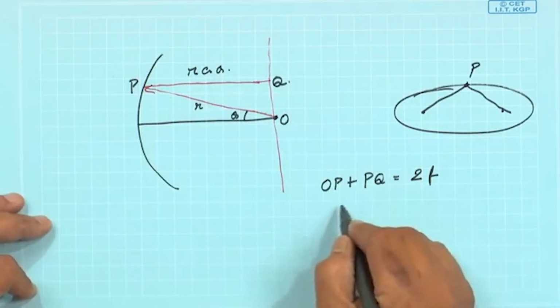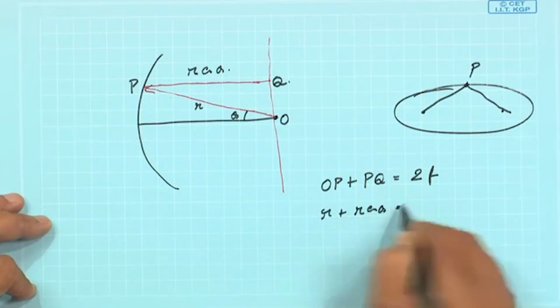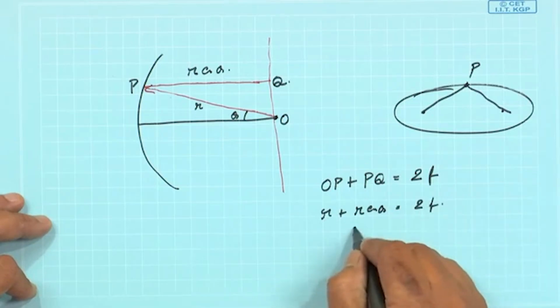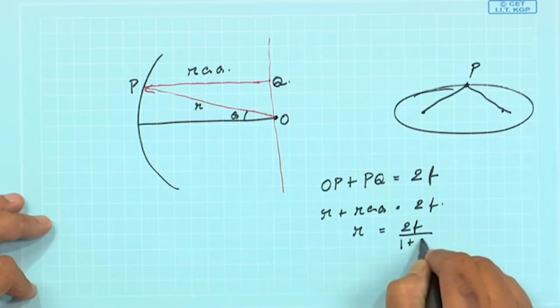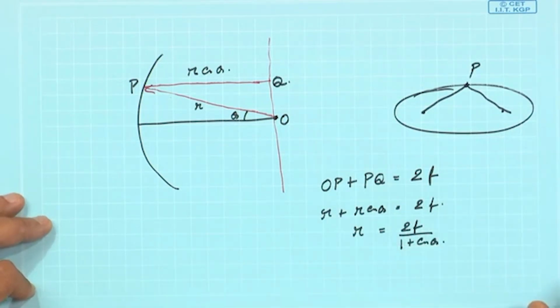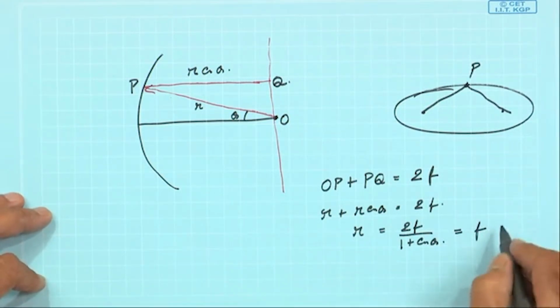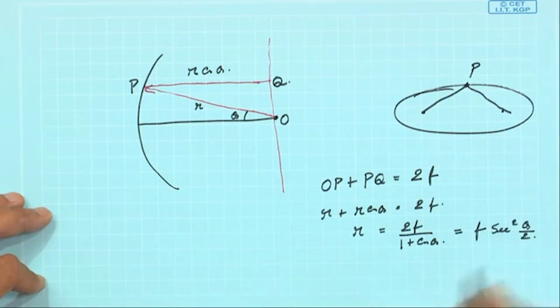So, I can put r plus r cos theta equal to 2f, or r equals 2f by 1 plus cos theta, or I can say this is f sec square theta by 2.